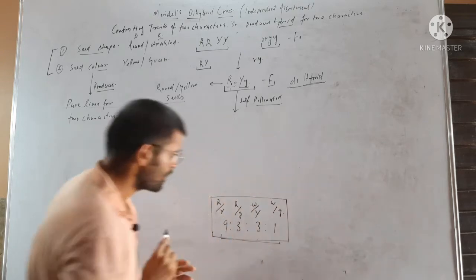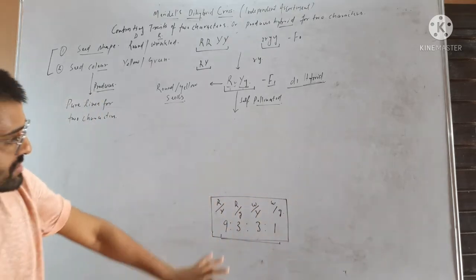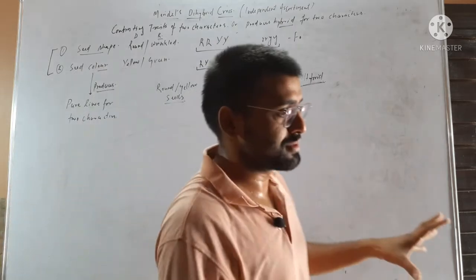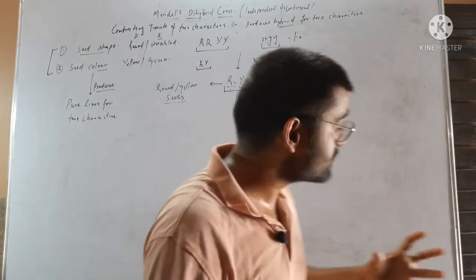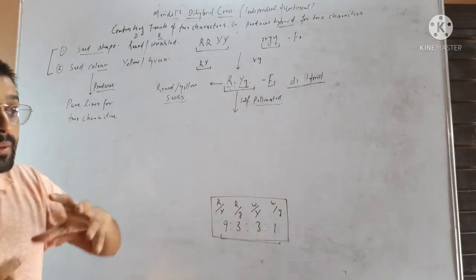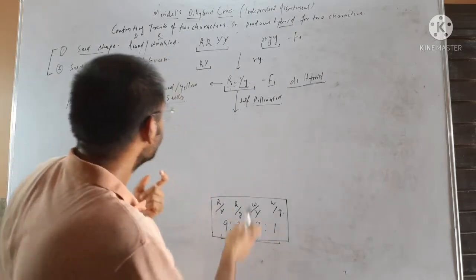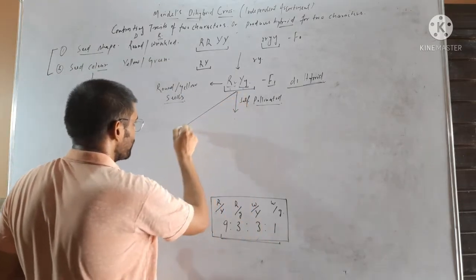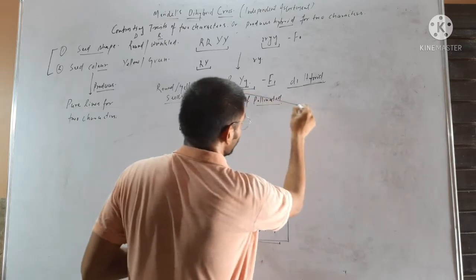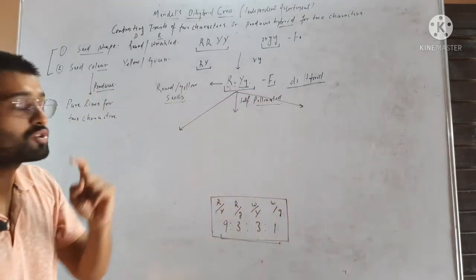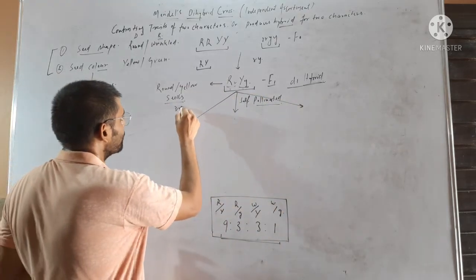After getting this result, he made models and checked which model fits his results. He made two assumptions. The first assumption is based on dependent assortment.